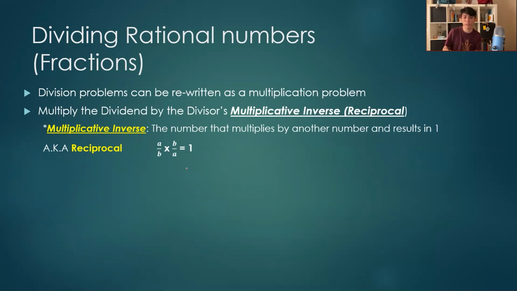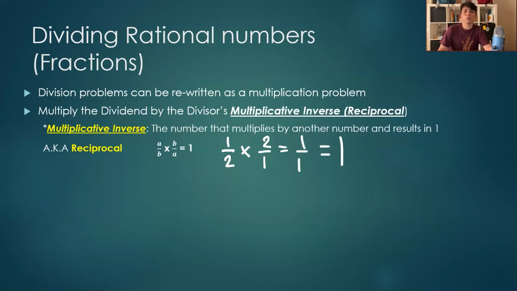So the notation is down here. A over B times B over A equals 1. And let's use 1 over 2 as an example. The reciprocal of 1 over 2 is 2 over 1. So 1 over 2 times 2 over 1 equals 1 over 1, and 1 over 1 equals 1. So that's how the reciprocal is defined.